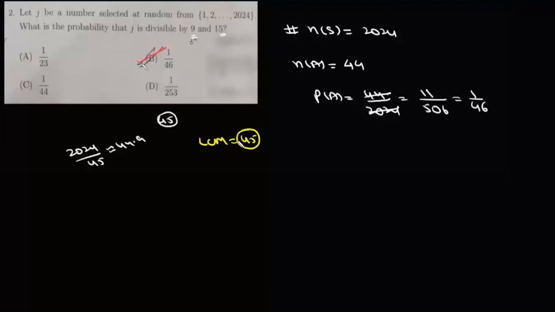So we need to choose numbers from 1 to 2024 which are divisible by 45. If we divide 2024 by 45, we'll get 44.9. So in this set, there are 44 numbers which are divisible by both 9 and 15. So the required probability is 44 divided by 2024, which is 1 by 46. And that's your option B.